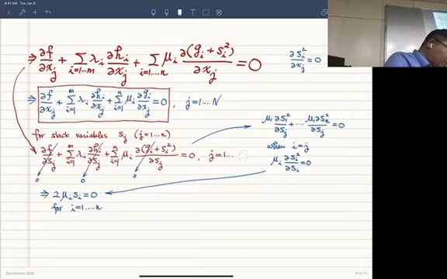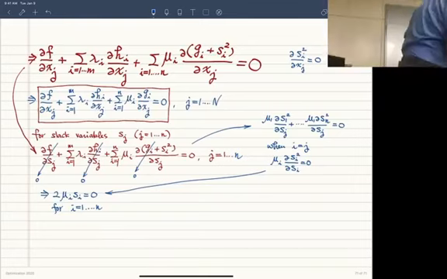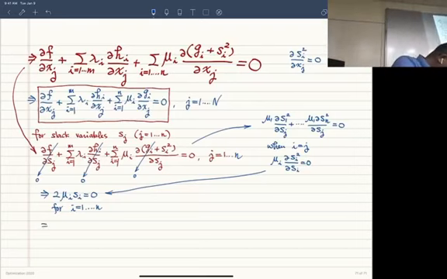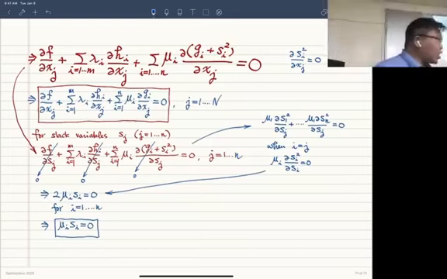I made a mistake here. Small n, because our s only has n of them, so we have n of those equations. So at the end, I have n of those terms. So that concludes that mu_i s_i must be 0. That's another equation that we have to satisfy.